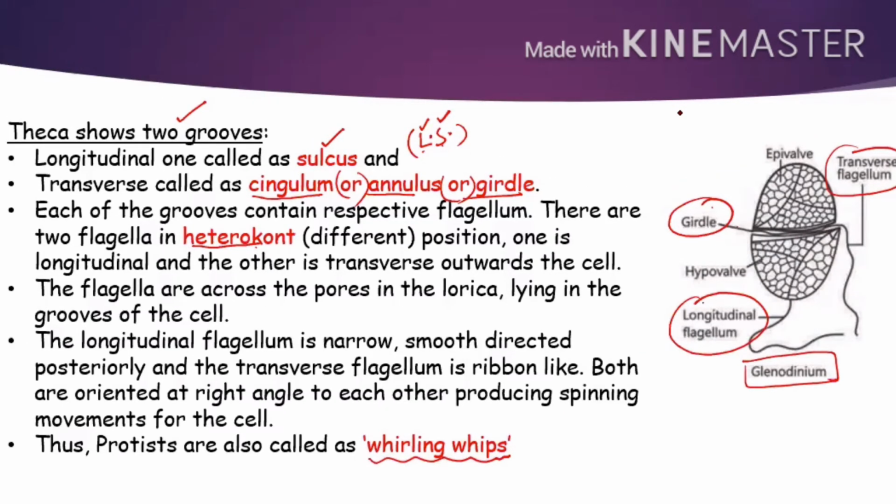The cell wall is known as theca or lorica, made up of cellulose and pectin in the form of plates. We call them armored dinoflagellates. In the cell wall, grooves are created, longitudinal and transverse, which bear heterocont flagella, both beating independent of each other. That is why they are known as whirling whips.